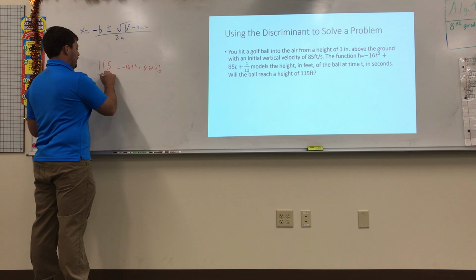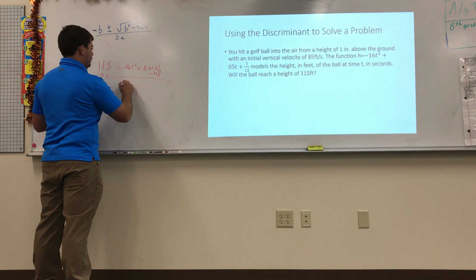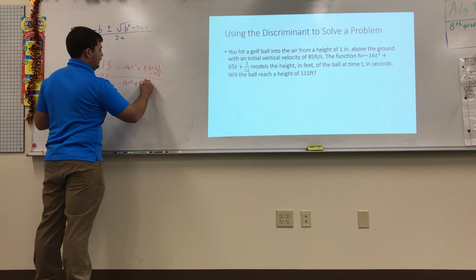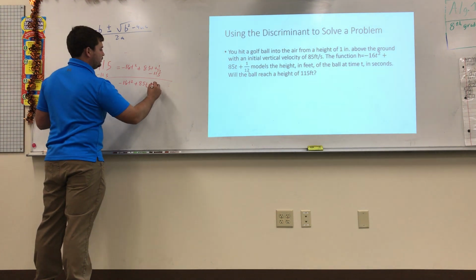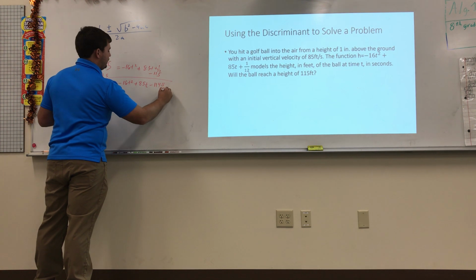Okay, we'd have to subtract 115. Subtract 115. You are going to get negative 16t to the second plus 85t minus 114 and 11 over 12.